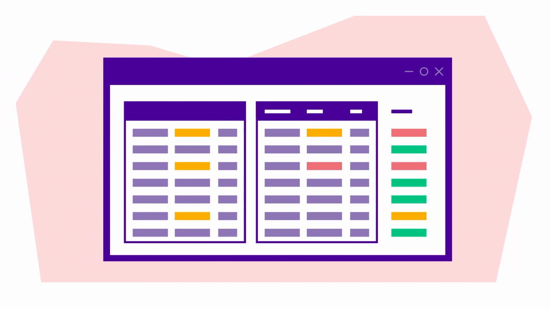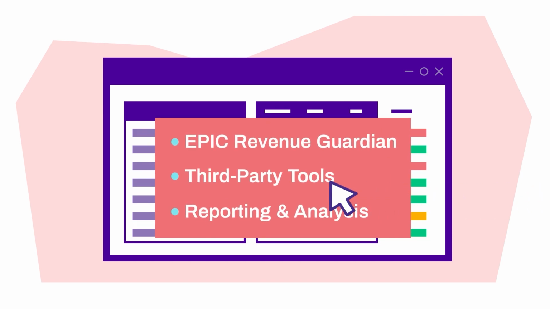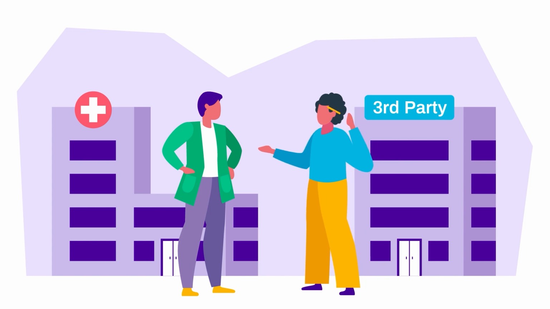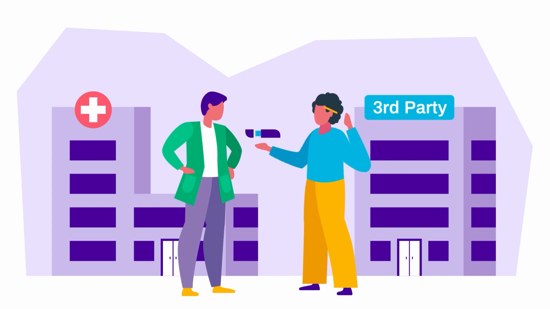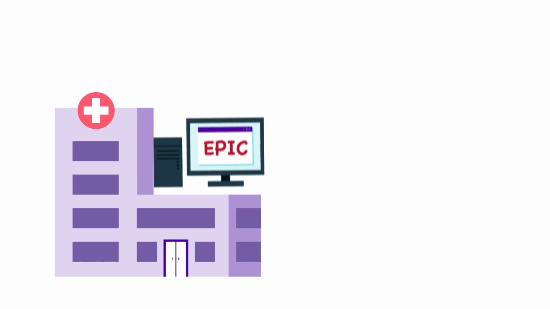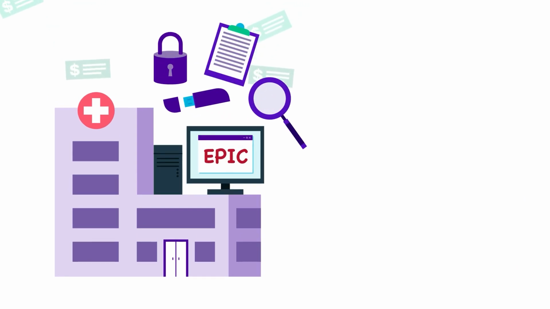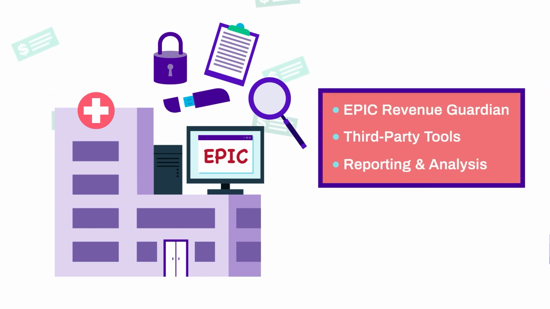Given the importance of charge capture and reconciliation, third-party tools are available that enable Epic users to automate the process of analyzing and correcting charge issues daily. Like most specialty software, these charge integrity solutions can offer automation and analysis that deliver substantial value across the enterprise.